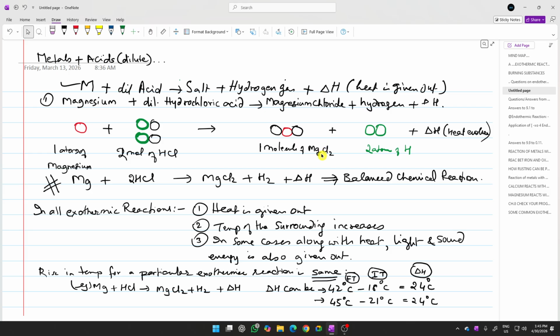Then magnesium chloride, the formula is MgCl2, and hydrogen gas, the formula is H2. You can see I am writing plus delta H to indicate that it is an exothermic reaction in which heat is evolved. Now, in all exothermic reactions, this is an exothermic reaction we have seen in the previous lecture number 2 also.